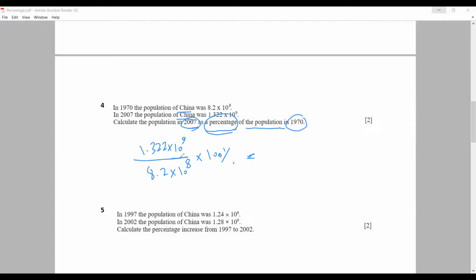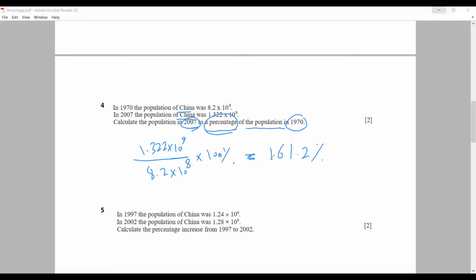You just perform the division, and we have divided by 8.2. Okay. So it is basically 161.2%.